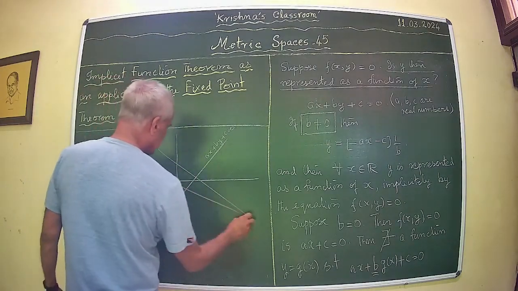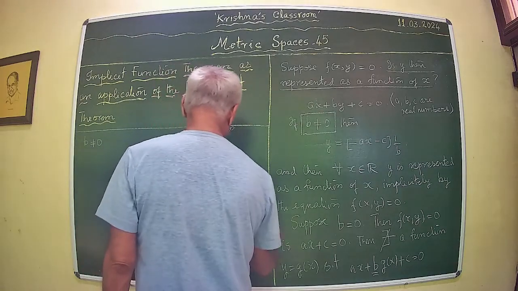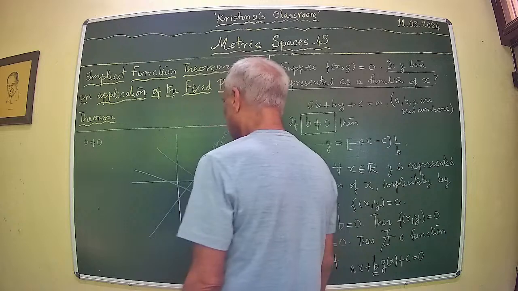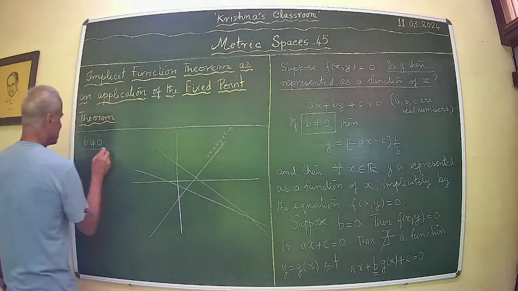These are all possible cases. These are all various representations. b is not equal to 0.